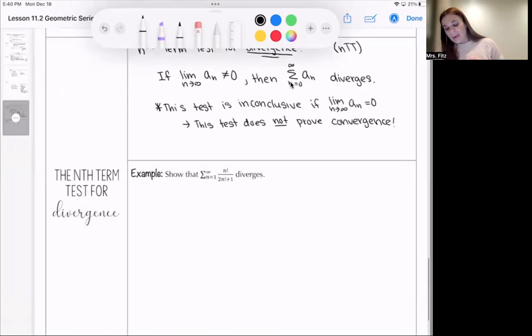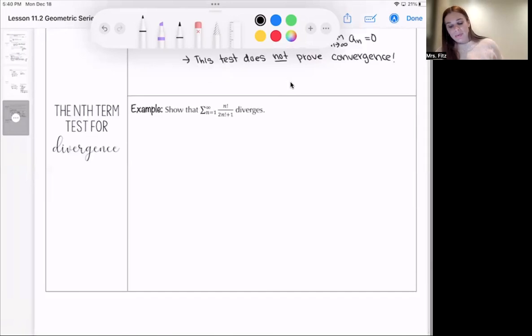Okay, anyway, let's go ahead and look at an example. It says, show that the sum from n equals 1 to infinity of n factorial over 2n factorial plus 1 diverges. Okay, so we're going to take the limit as n approaches infinity of n factorial over 2n factorial plus 1. This is where that plus 1 is very insignificant when we're talking about a limit as n approaches infinity.